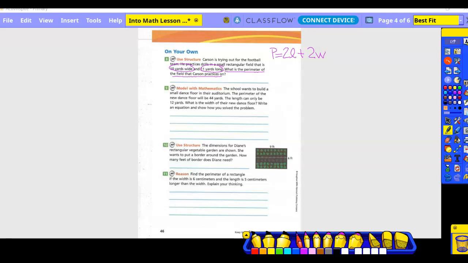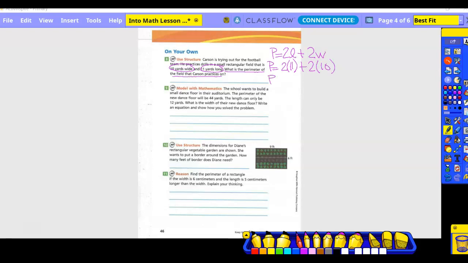Okay, now we're going to plug in our numbers. P equals 2, what's our length? 11. 10 yards is the width. So 2 times 11 plus 2, what's our width? 10.